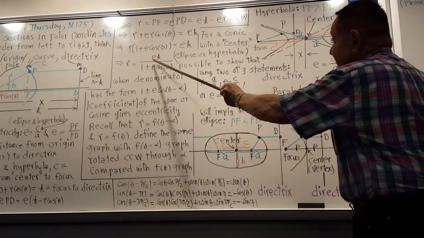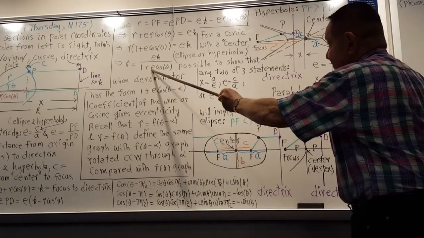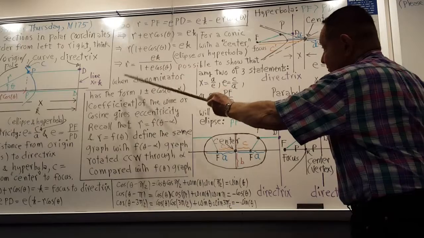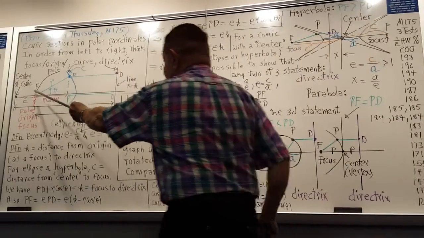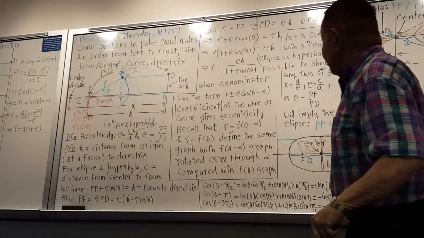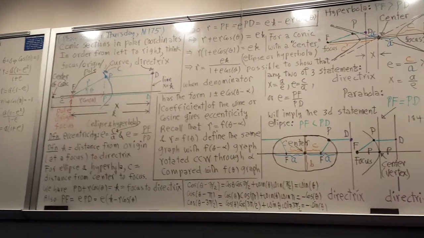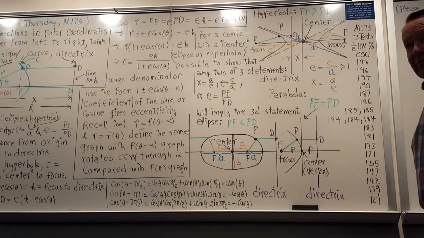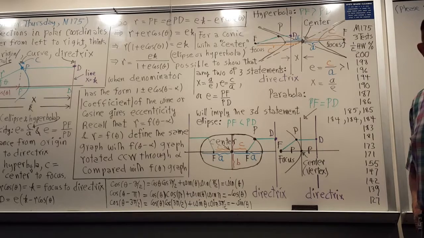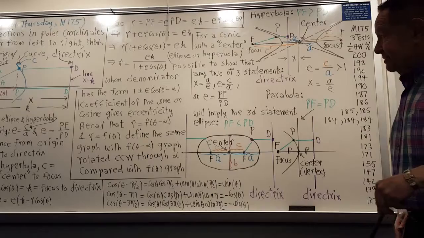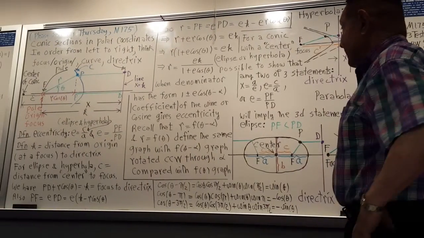If you divide that eccentricity into your numerator, your quotient would be this K, the focus to directrix distance. So if you're given the formula for a conic in polar coordinates, you can read its eccentricity and finally this distance we're calling K.